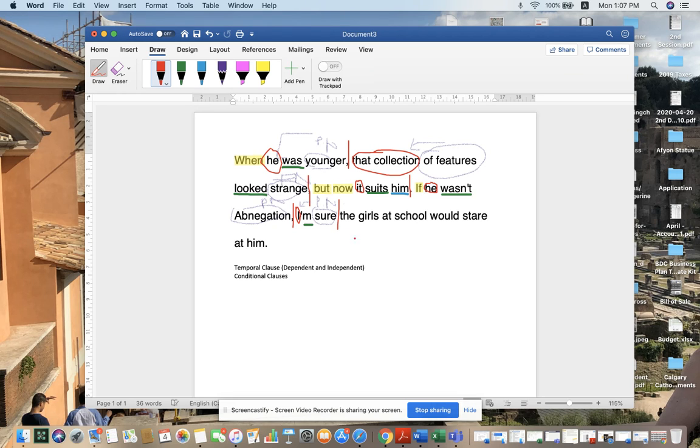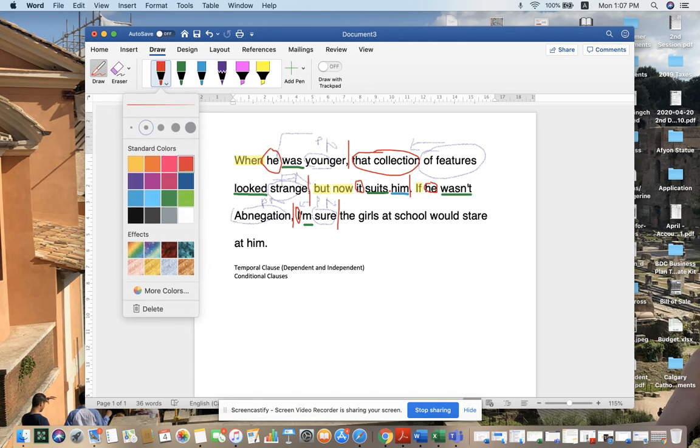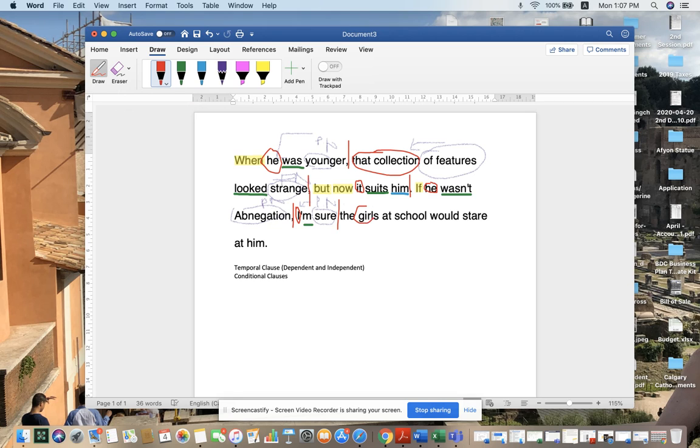And remember that this now introduces something called an indirect statement. So I am sure that, again, that is missing, but it's understood as being there. I am sure that, and here's the subject, the girls. It tells us what kind of girls they are. They are at school, so there's a preposition at and object of the preposition.